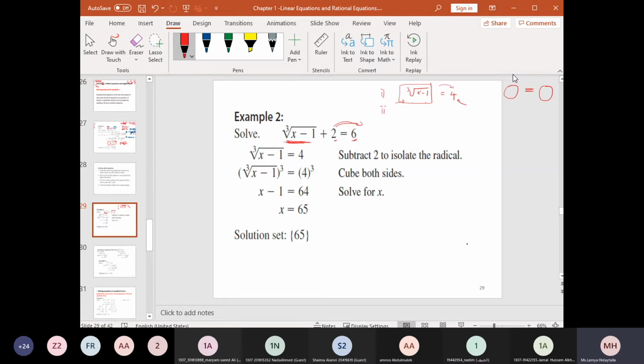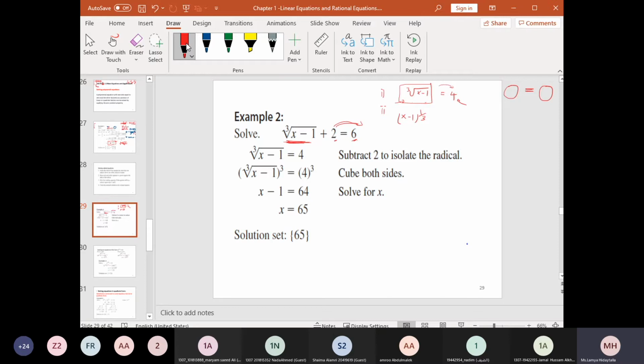This is actually as if it is just x minus 1. What is the meaning of the third root? It is 1 over 3, correct? That is the meaning of a third root.